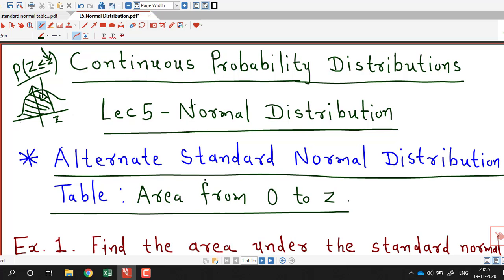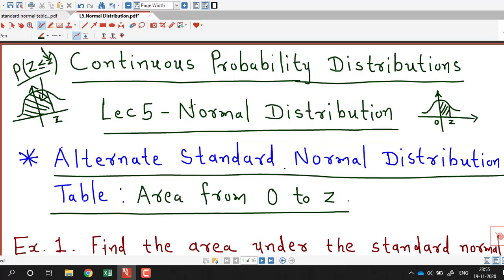We have another standard normal distribution table, in which instead of this type of areas we are given the areas between z equal to 0 and some specified values of z. That means we are given the area from z equal to 0 to some specified value of z.